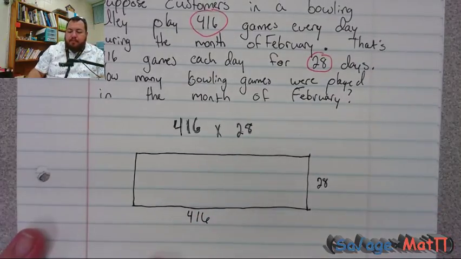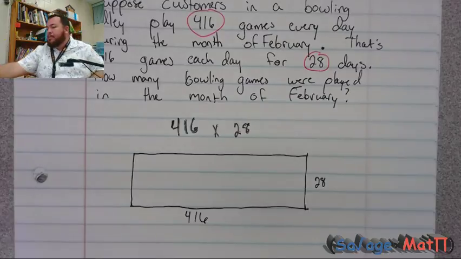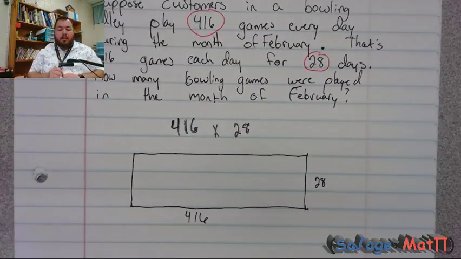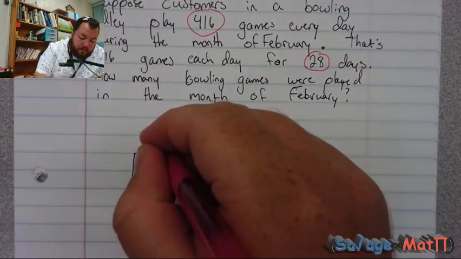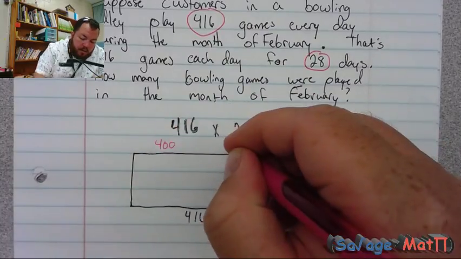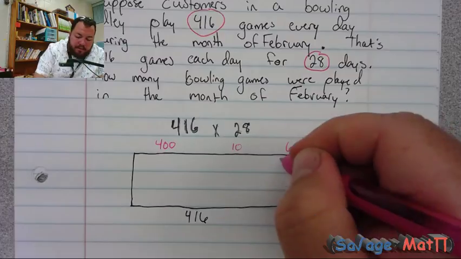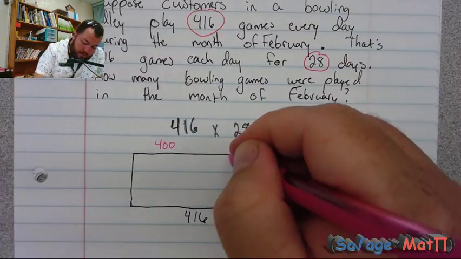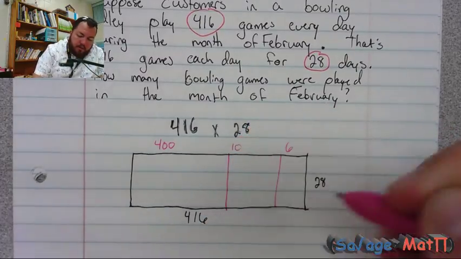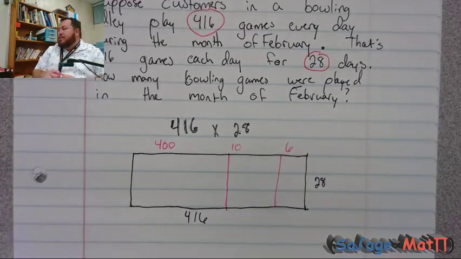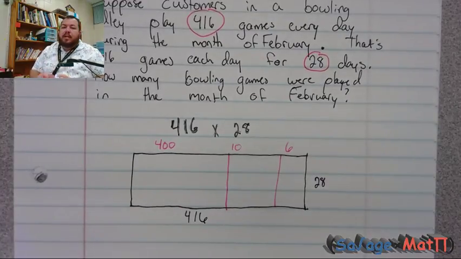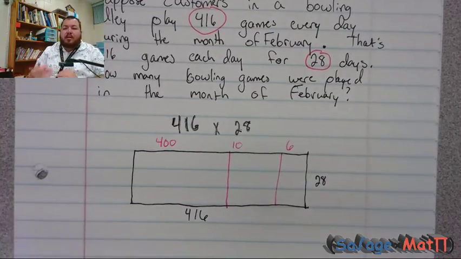But across the top, I'm going to divide this up a little bit, because I'm going to break 400 into 400, then break it into 10, and then into 6. Sometimes it won't be perfect, it won't be the proportion, but that doesn't matter. This is just a strategy to help us multiply.